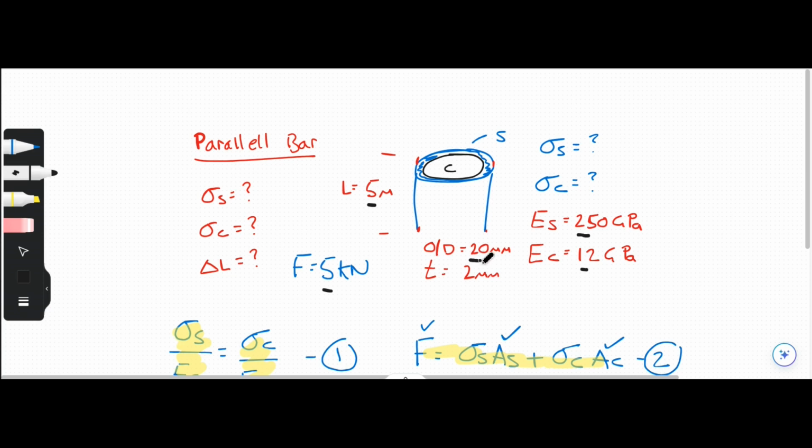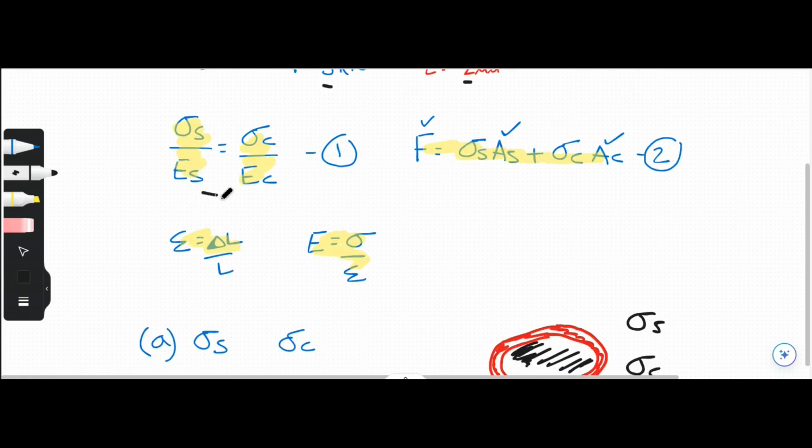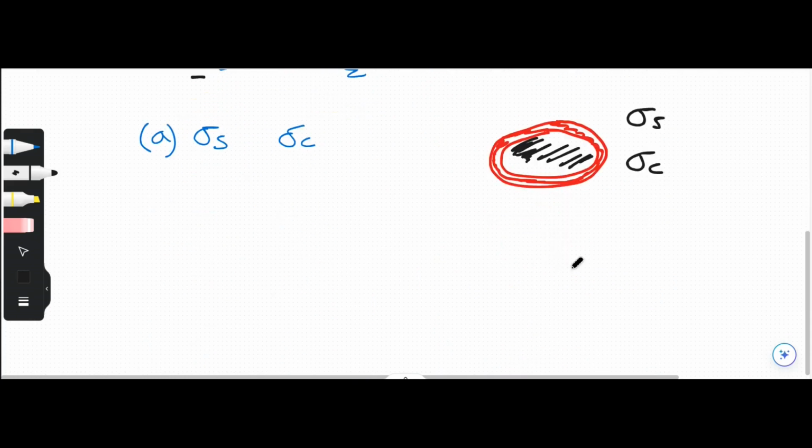Diameter is 20 mil, outside diameter, 2 mil wall thickness. So we know these things, and we know this formula, and this formula, and this formula.